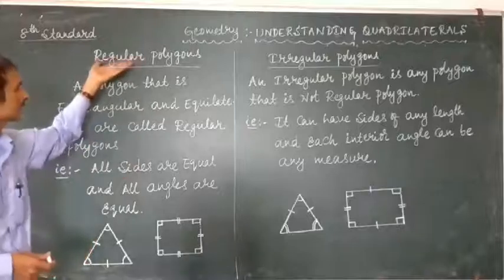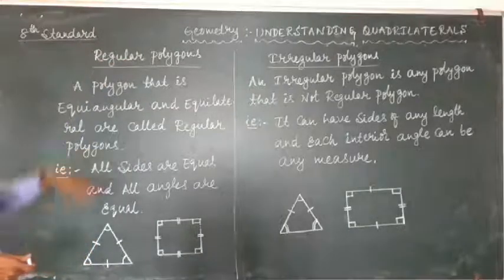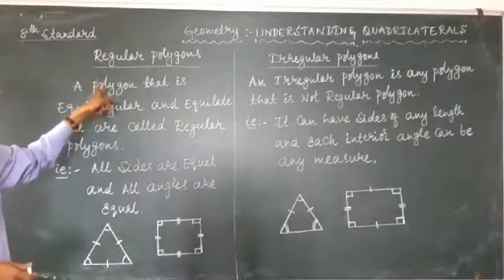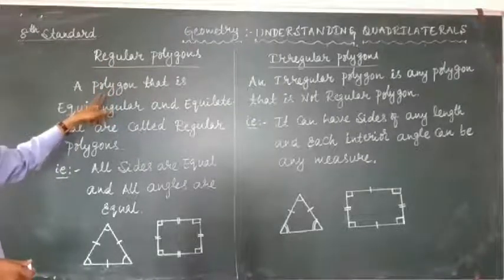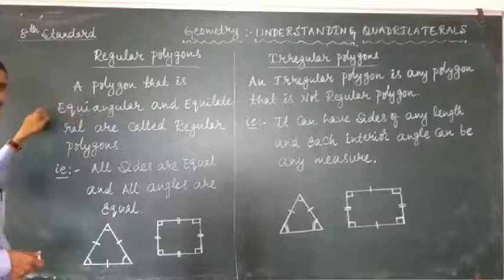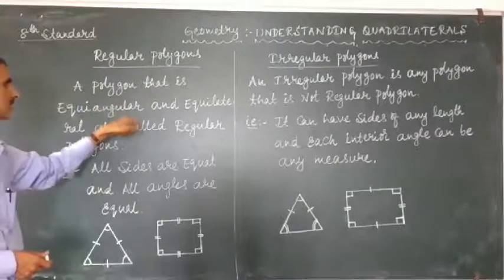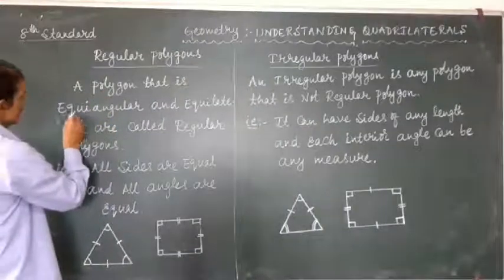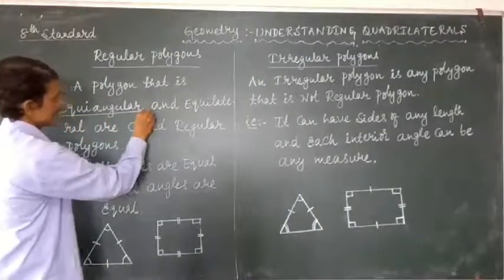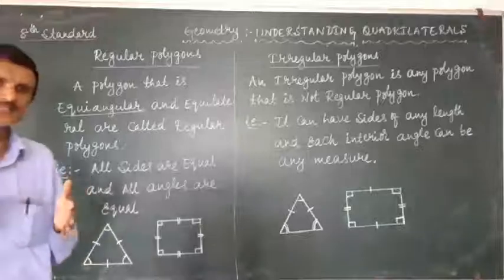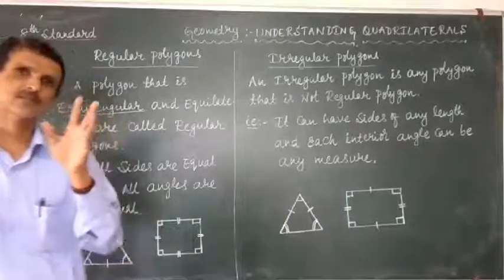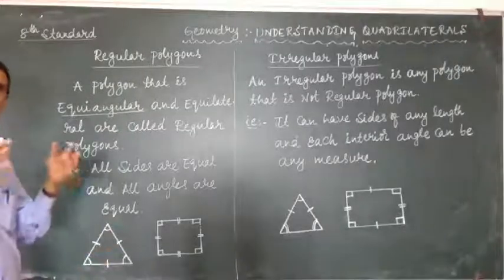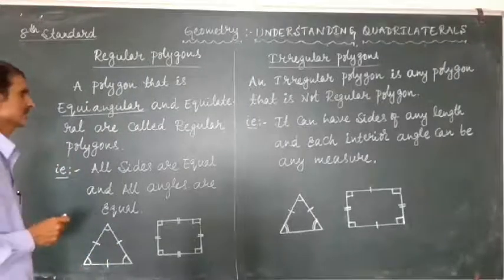Coming to the regular polygons, a regular polygon is a polygon that is equiangular and equilateral. So it is a polygon which is equiangular, that means all the angles of the given polygon are equal. So they have the same measurement.